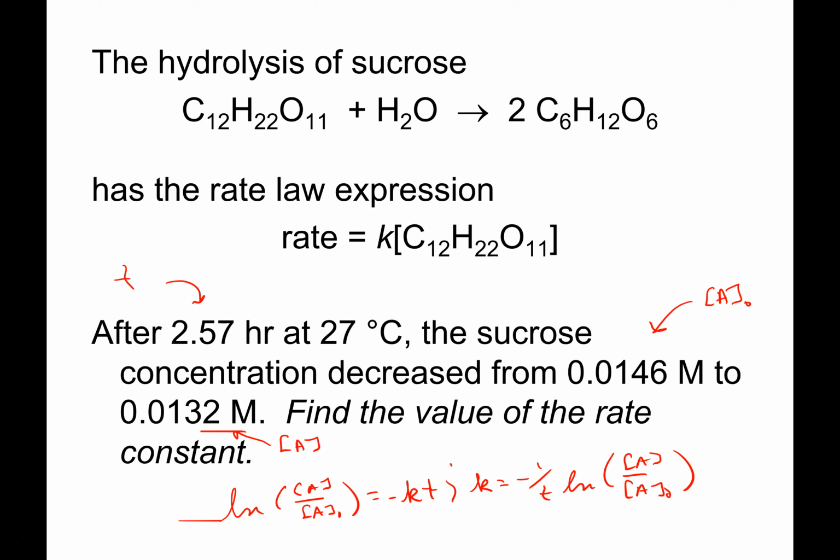I get that this is positive and this is positive. Oh yeah, I did it wrong. You're right. So it is negative times negative gives you positive. Very good. We're back.